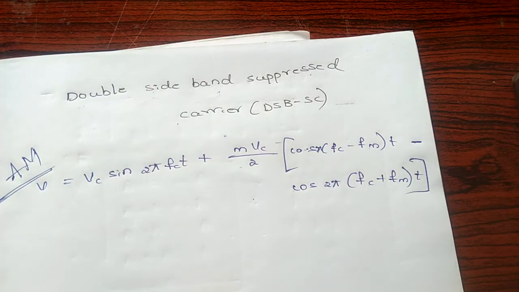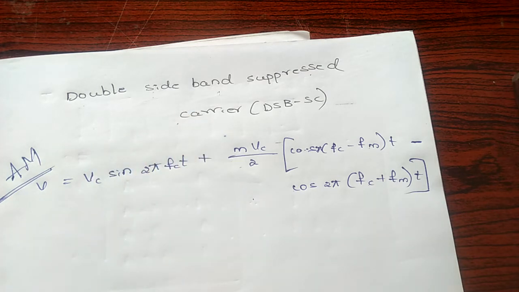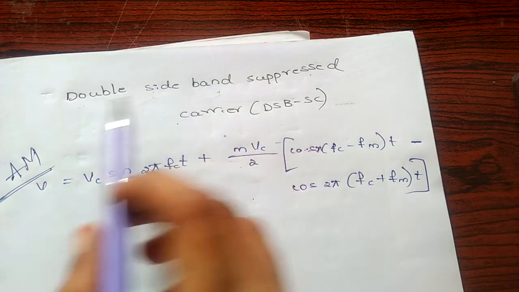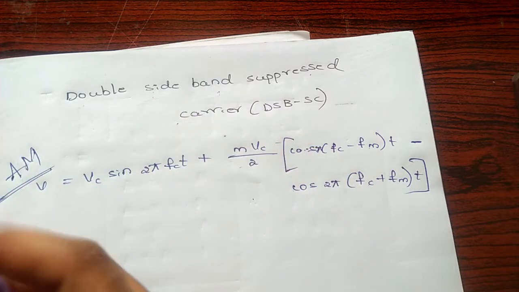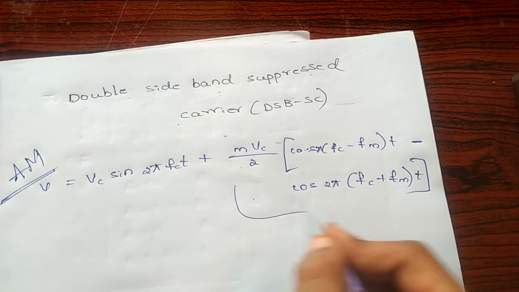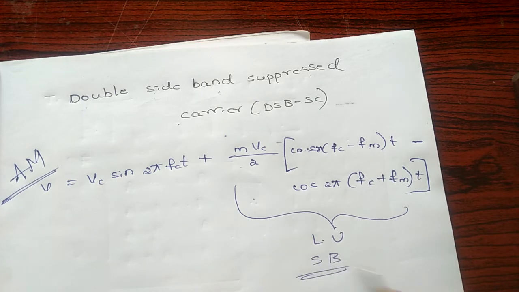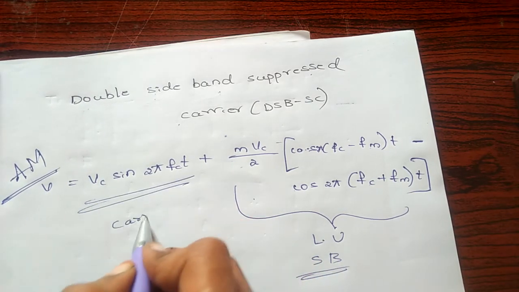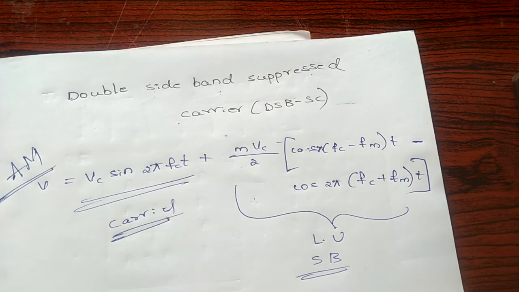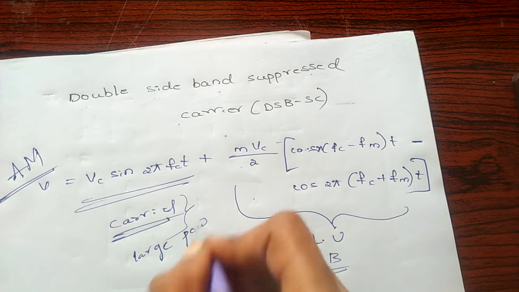But the next technique to amplitude modulation is double sideband suppressed carrier. In the double sideband suppressed carrier, we need to suppress the carrier. Why so? Because the information that we want to transmit is carried by both the lower and upper sidebands, but the carrier signal is unwantedly sent, so a large amount of power is wasted.